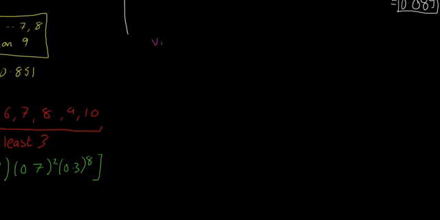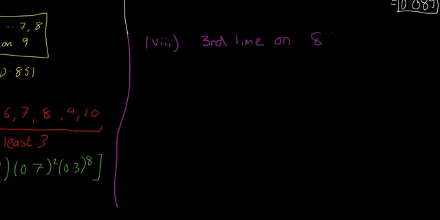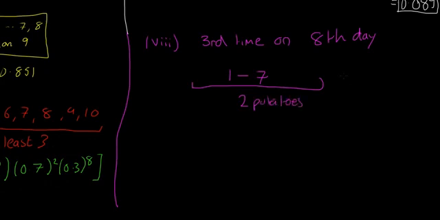Go purple. So part 8 is very, very similar. In this one, it's the probability they have potatoes for the 3rd time on the 8th day. Okay, so that means in days 1 to 7, they have potatoes on 2 of the days, and then on the 8th day they have potatoes again.